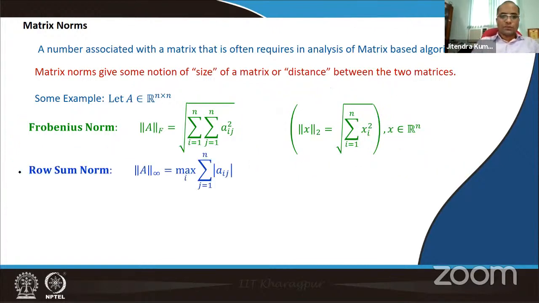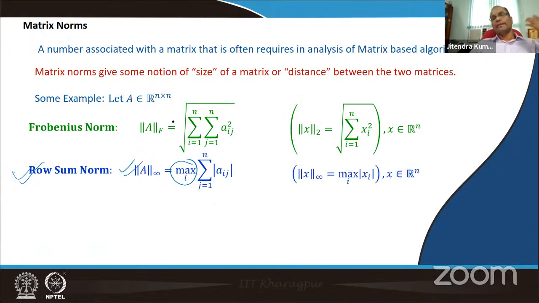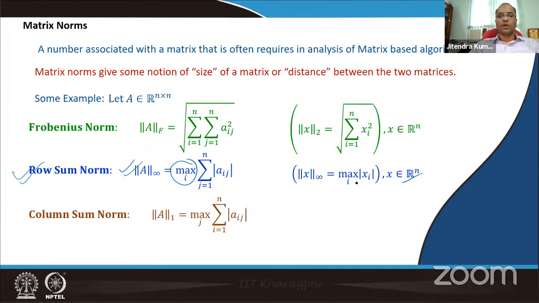Then there is the so-called row sum norm, as the name suggests: you sum the absolute values in each row, and then find the maximum of these sums, and that is what we call the infinity norm of A. In the vector setting we also have the infinity norm. Similarly, the column sum norm: you sum the columns and then find the maximum among all these sums, and we have the so-called column sum norm.